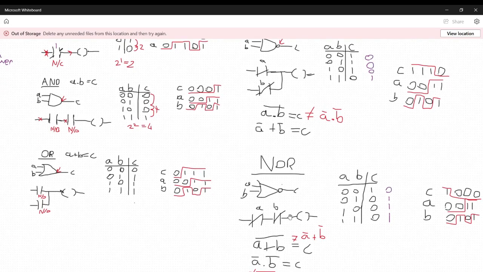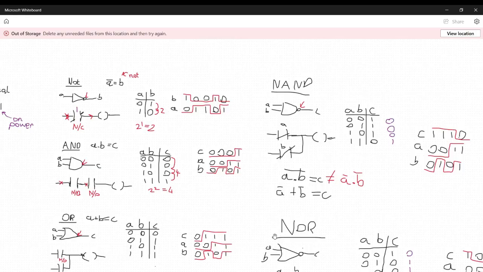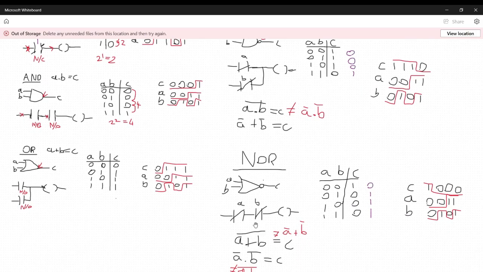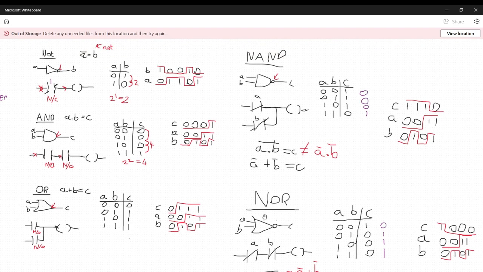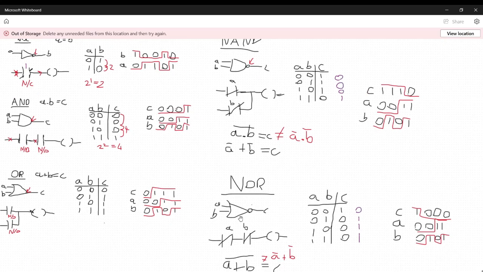Now, the reason I drew these is to help you understand why and how this works, like, on an actual level, what these are doing. But when you're given an equation and then asked to draw the resulting diagram, you need to be able to remember these symbols and add them.